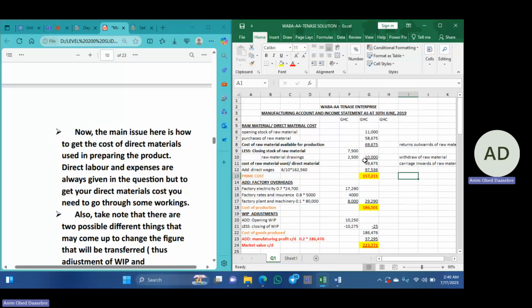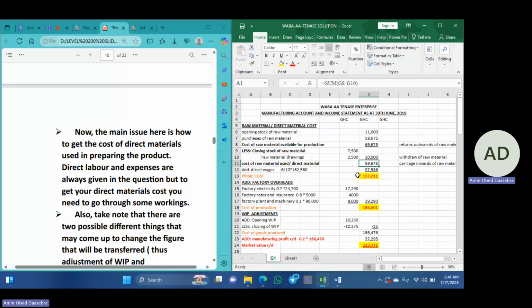Then when you subtract these two, you get what we call the cost of raw material used. You get it? So this will become your cost of raw material used, and that is what we need to compute, so that we can now add our direct wages. Direct wages is our direct labor cost.